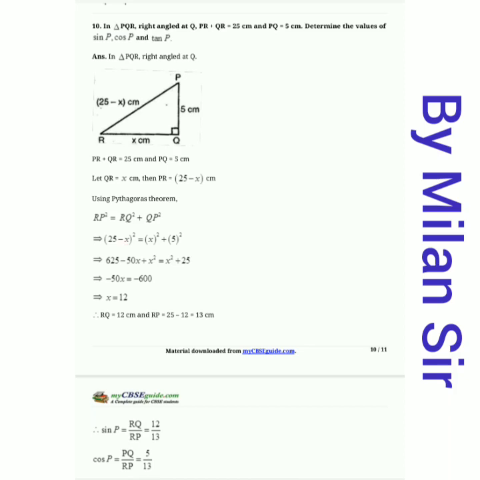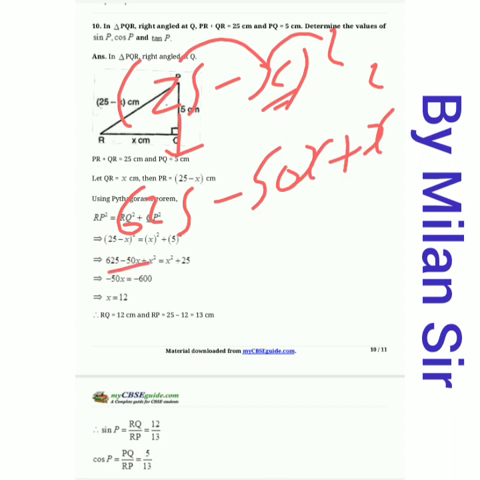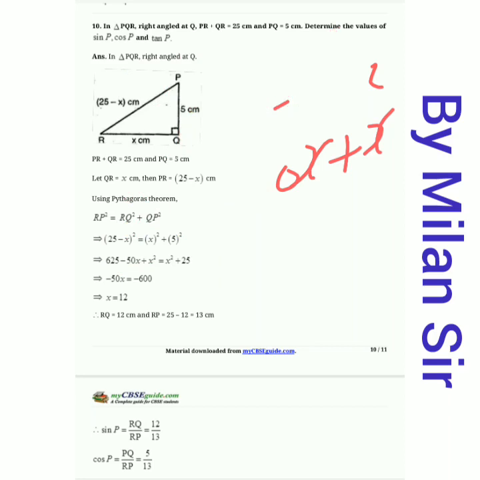First term square, 25 square, it's 625, then minus sign, 2 multiply first into second, so 25 into 2, 50x, plus second term square, it is x square. So this is your left hand side, 625 minus 50x plus x square, and right hand side, x square, and 5 square is 25, right?